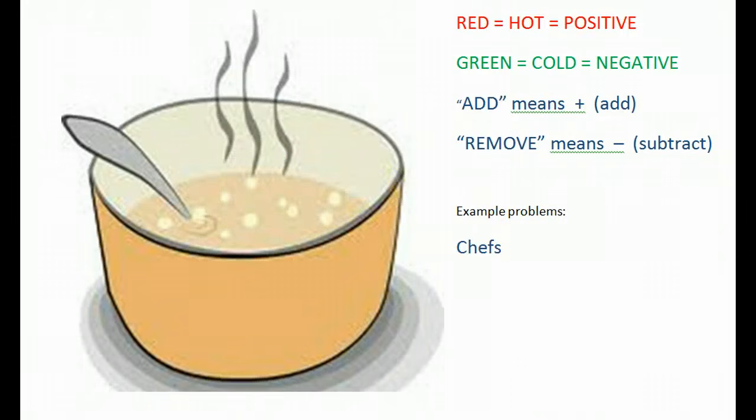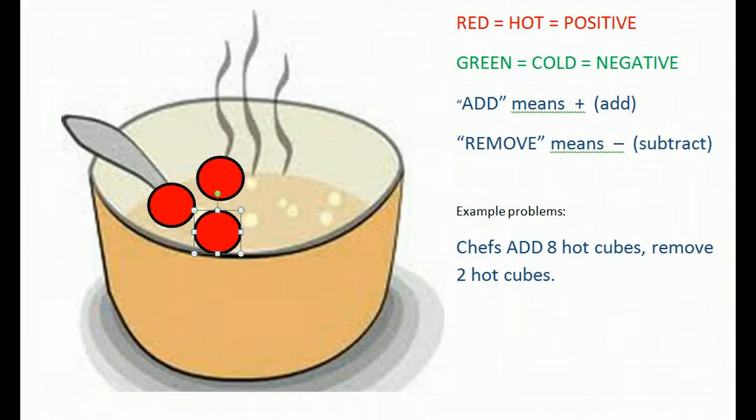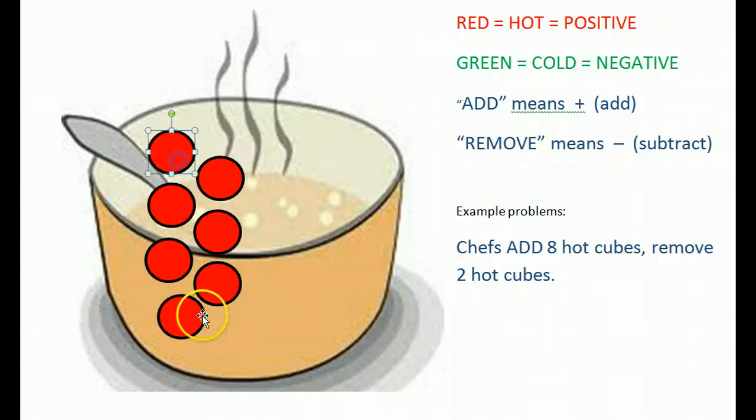We'll say the chefs add 8 hot cubes and remove 2 hot cubes. So what does that look like? Well, let's add 8 hot cubes. 1, 2, 3, 4, 5, 6, 7, 8. There they are.